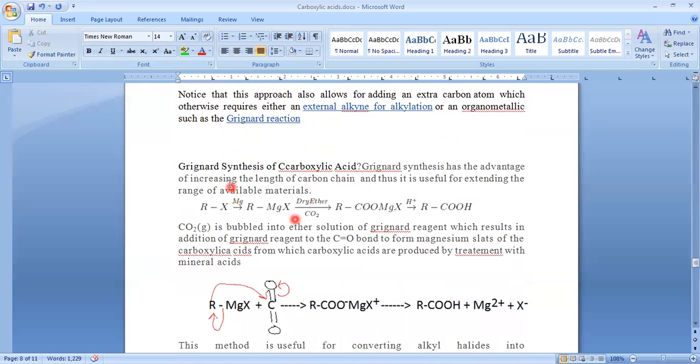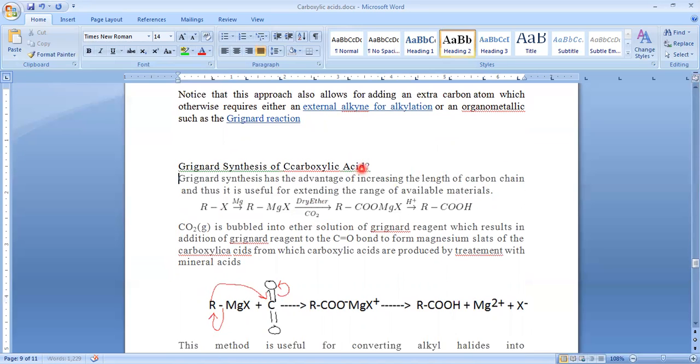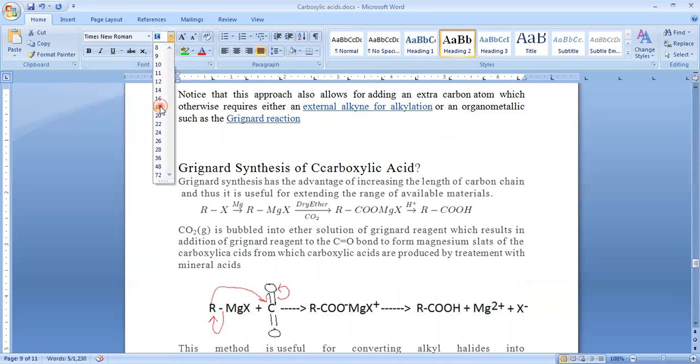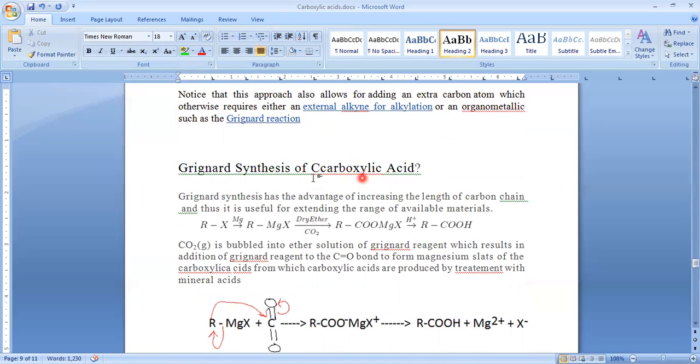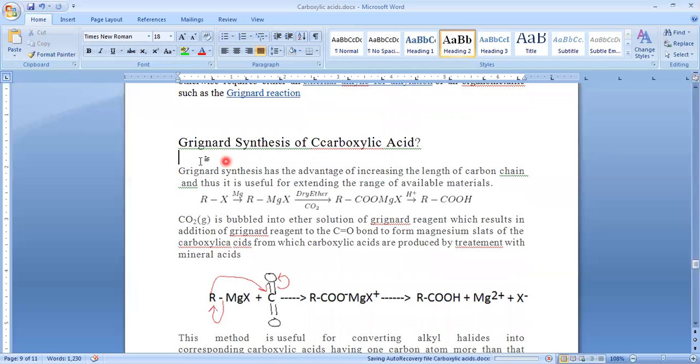And next one, preparation of carboxylic acids with Grignard reagent. In the previous class, in inorganic chemistry, our last topic was organometallic compounds. In that we have seen the preparation of Grignard reagent and of carboxylic acid.